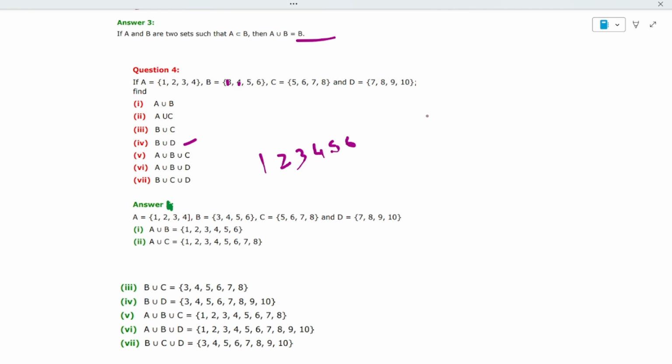And you have to do this for union C, sorry, for the fifth question it is C. Union C if you do, 5, 6 again don't repeat. Just add 7, 8 here. Let's verify the answer. Yes, the answer is up to 8. The same way you have to do here. If you come here, first do A union B, then with that union do D. Here also do the same way. First you do for these both, then you do for this.